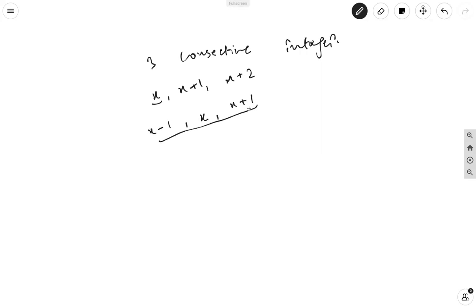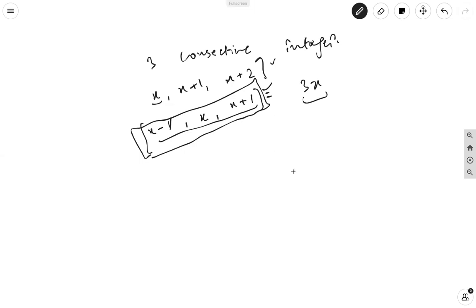So if you add these, the 1 and 1 will cancel out, and this will become 3x, right? So whenever you get a question asking for consecutive integers, try to make the algebraic values in this way, so you can have minimum calculation. This could be solved using this way and this way, but try to do it using this way, so that the 1 and 1 will cancel out, and you will be left with 3x. Getting my point?